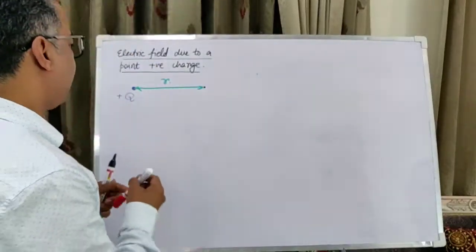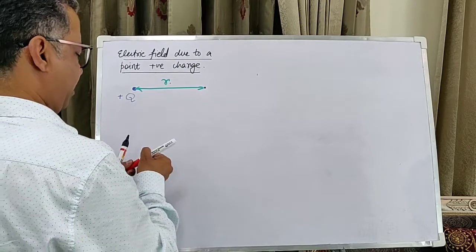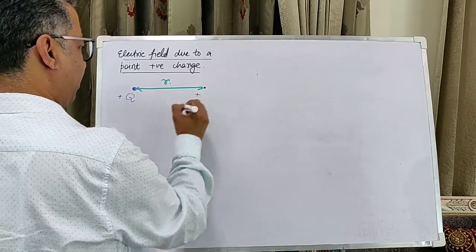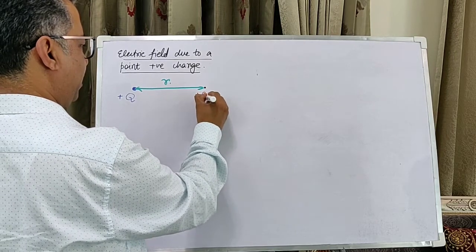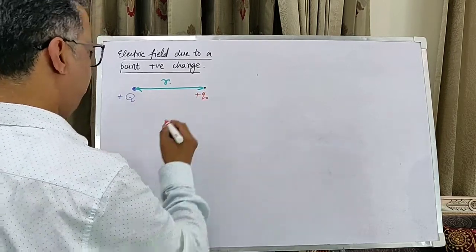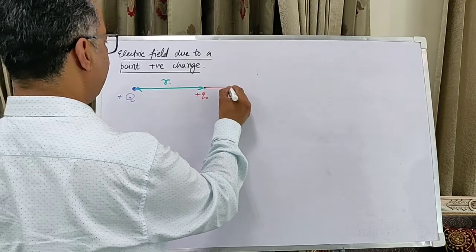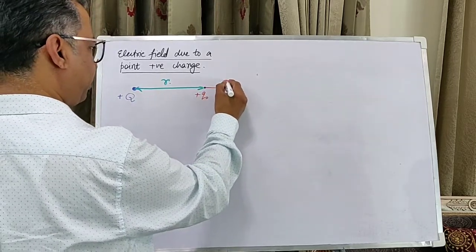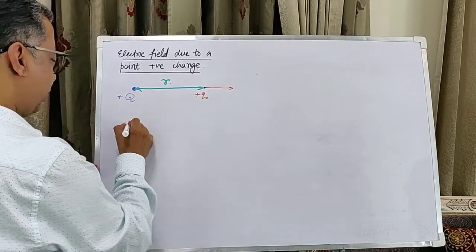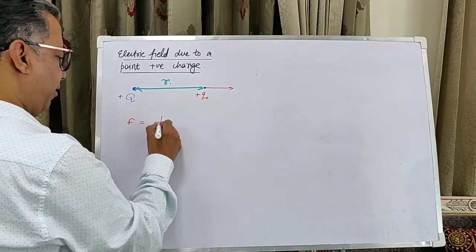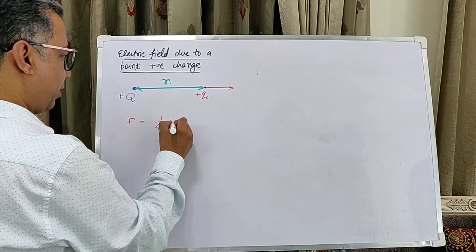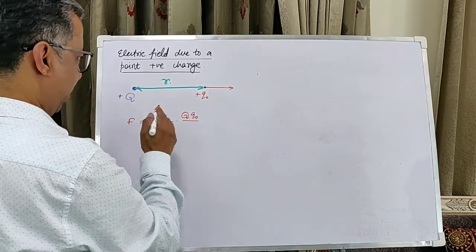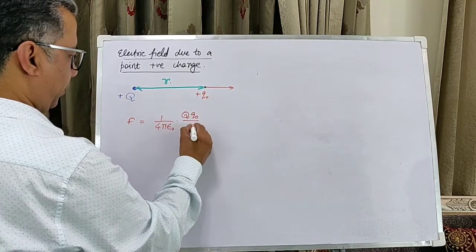To find it, we place a positive test charge Q0 and calculate the force on it. This is positive, so there will be a repulsion, and the repulsive force will be 1 by 4 pi epsilon naught times Q Q0 by r squared.